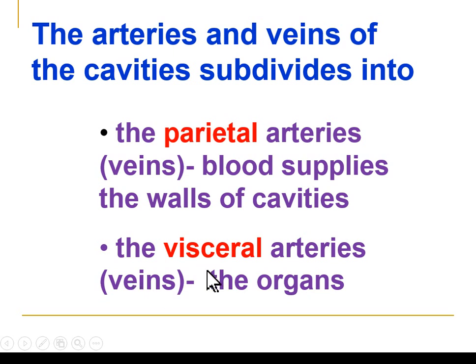Visceral arteries supply blood to the organs. Visceral veins collect the venous deoxygenated blood from the organs. There are parietal and visceral vessels inside the cavities.